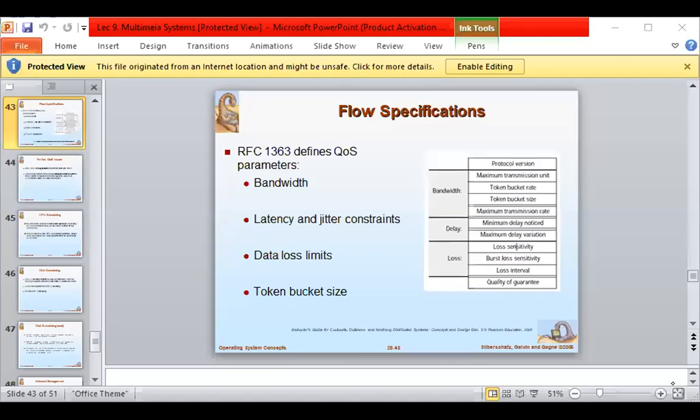Over here you can see that next is reliability, how reliable this service is.